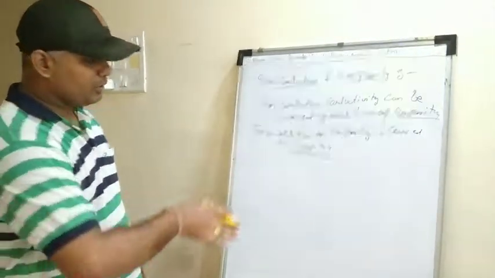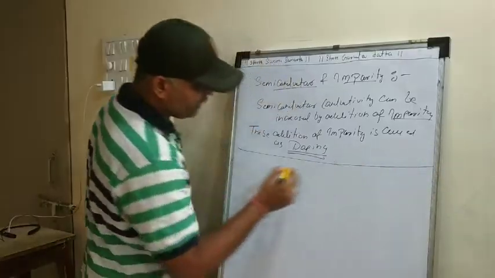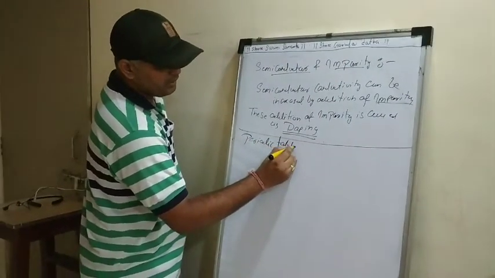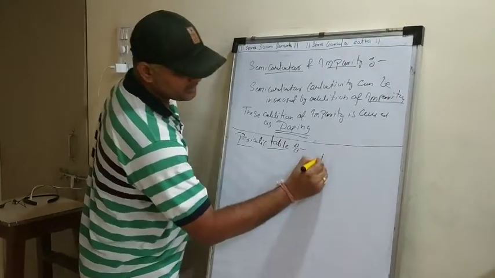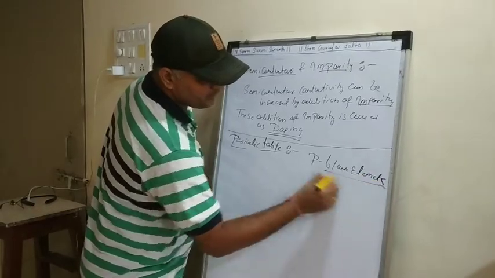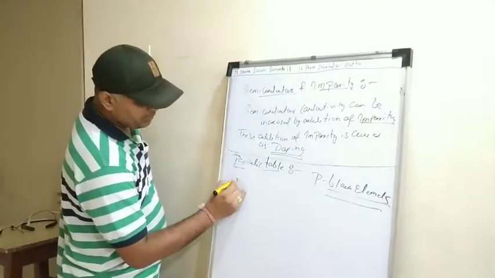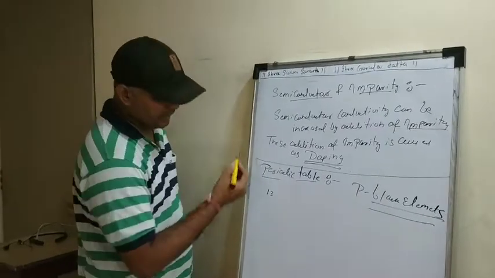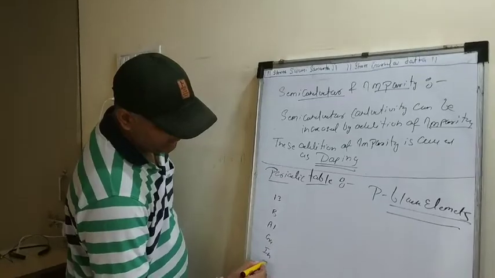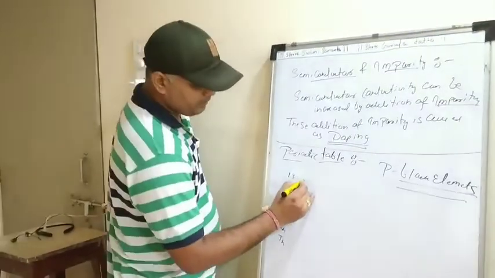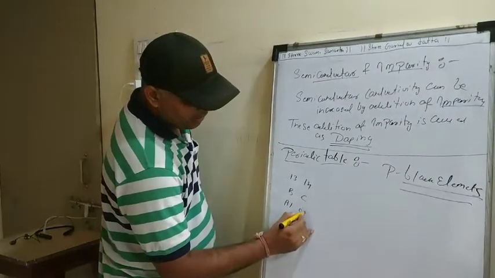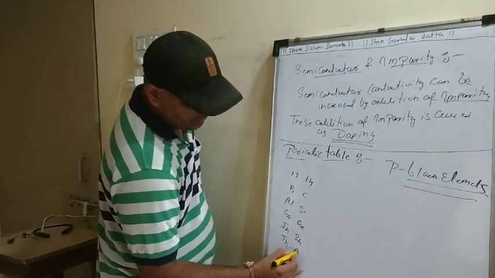For this we have to come to the periodic table. In the periodic table we'll go towards the p block elements. So you know from where the p block element starts? P block element starts from the group 13, right? In the group 13, boron, aluminium, gallium, indium, thallium, right? So this is our group 13. Group 14 starts from carbon, silicon, germanium, tin, Pb.